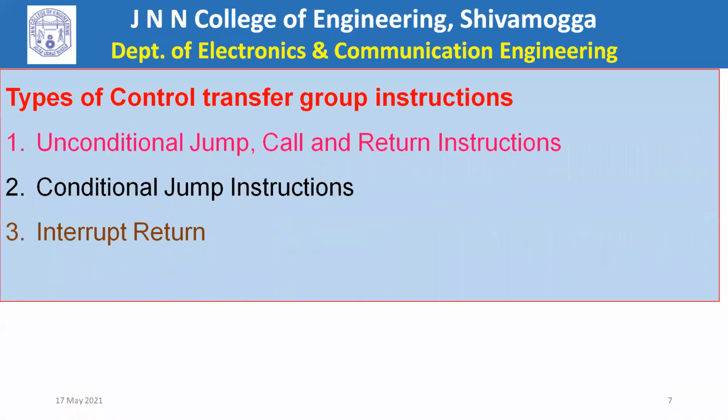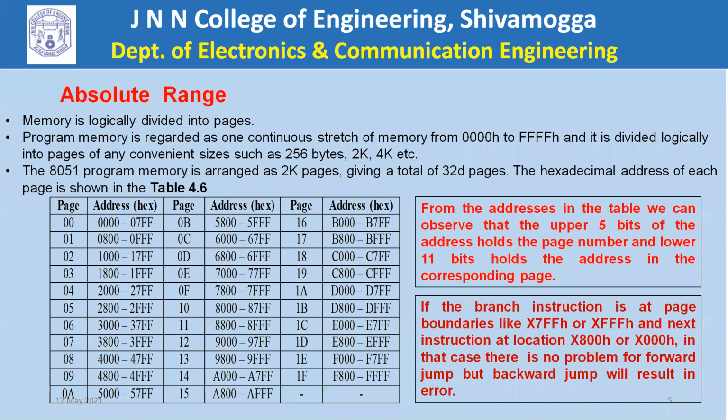So see this particular table. Table 4.6, whatever you are seeing here, is showing the pages. Page 0 ranges from 0000 to 07FF. Page 1 ranges from the next address 0800 to 0FFF. Like that, how many pages are there? 32 pages. 1F is nothing but the 31st page, because it is page 0 to page 31. 31 in hexadecimal is 1F.